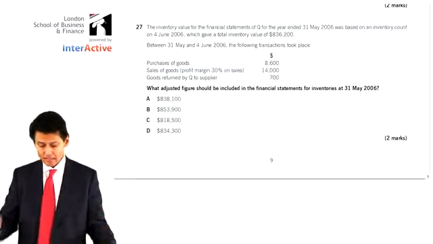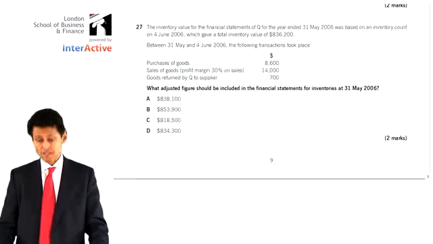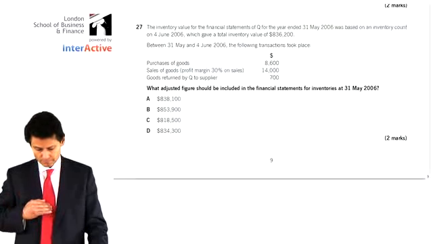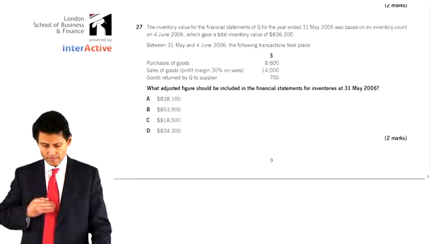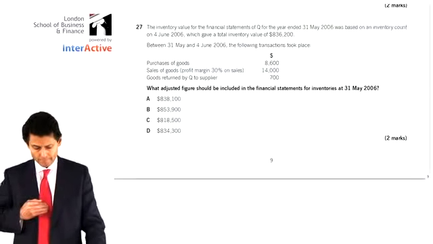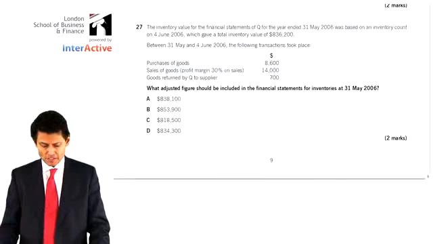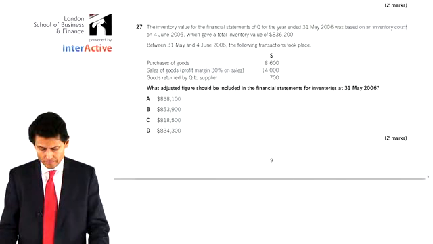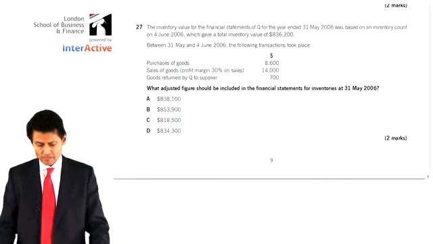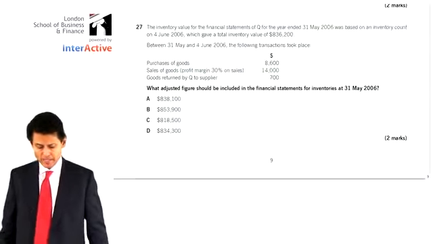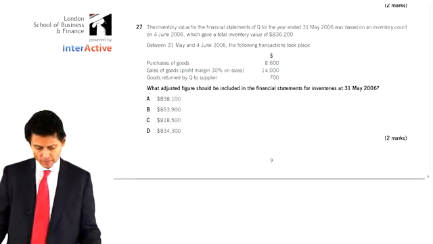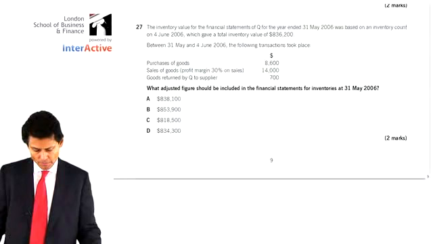Between the 31st of May and the 4th of June, the following transactions took place. Purchases of goods, 8,600. Sales of goods, profit margin, 30% on sales. Careful. Goods returned by Q to supplier, 700.